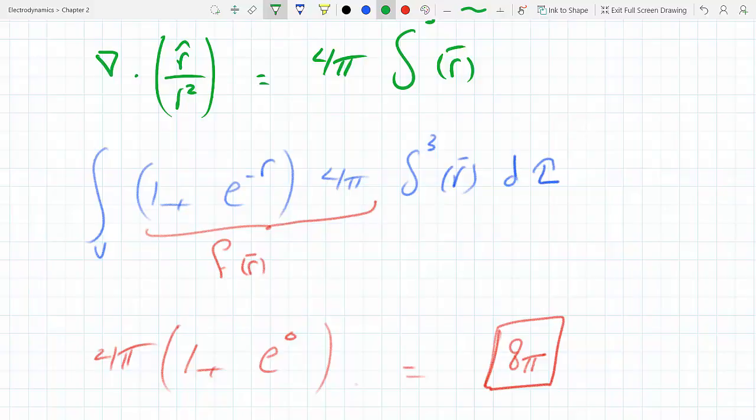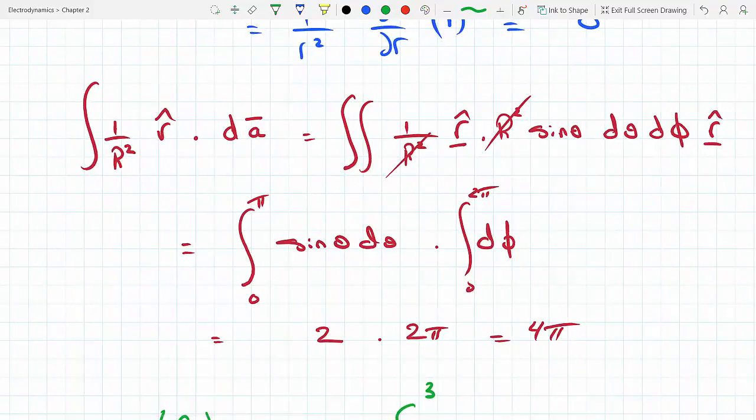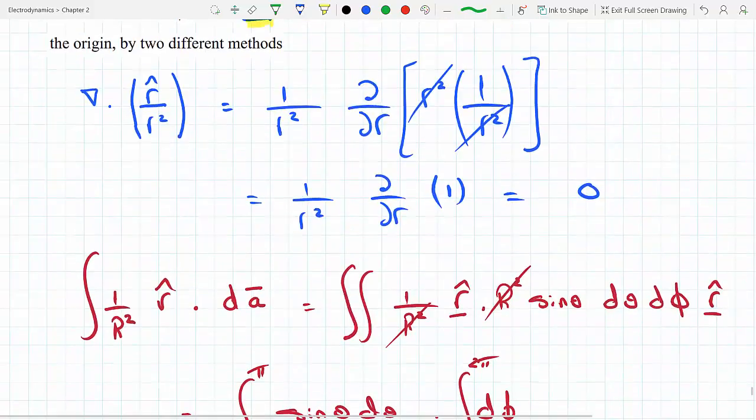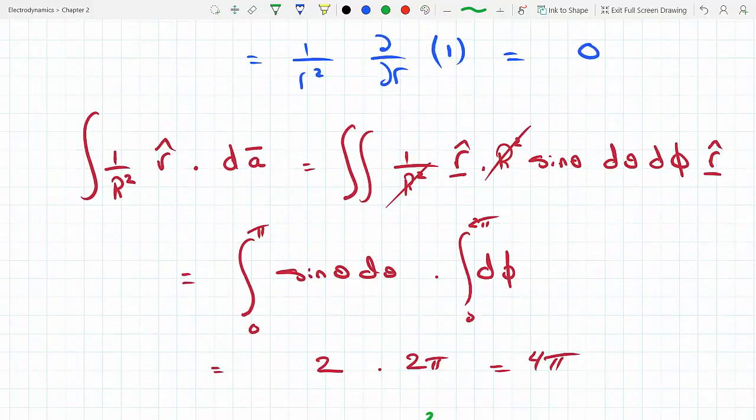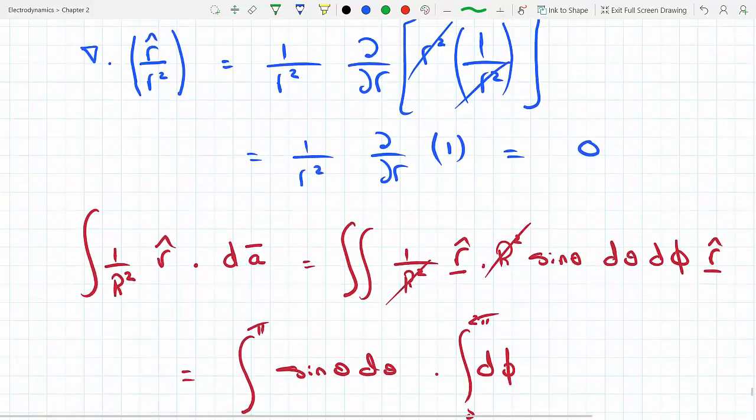We never removed anything outside the integral. Right. Well, where did the 4 pi come from? Oh, the 4 pi came when I integrated dA. Okay.